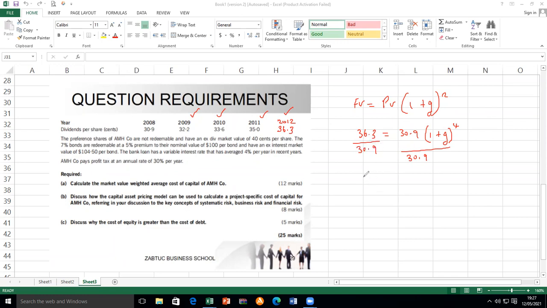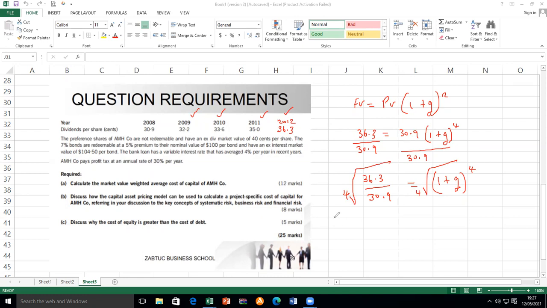Okay. So now we have 36.3 over 30.9 equals, so this is the fourth root here, and you take the fourth root there.